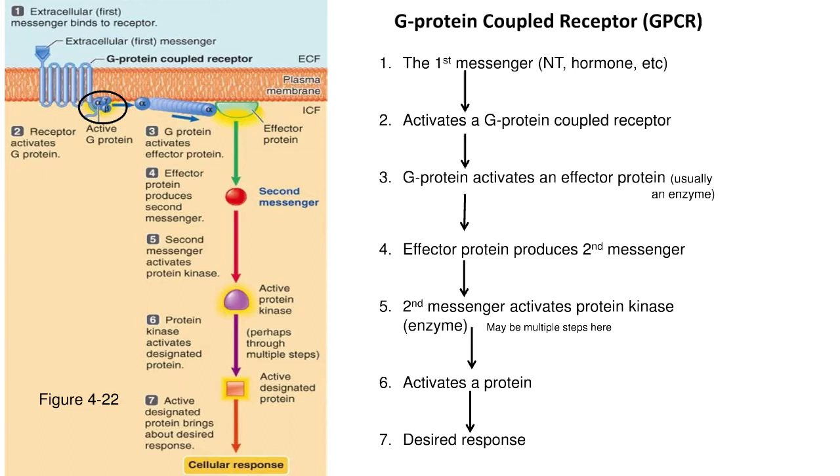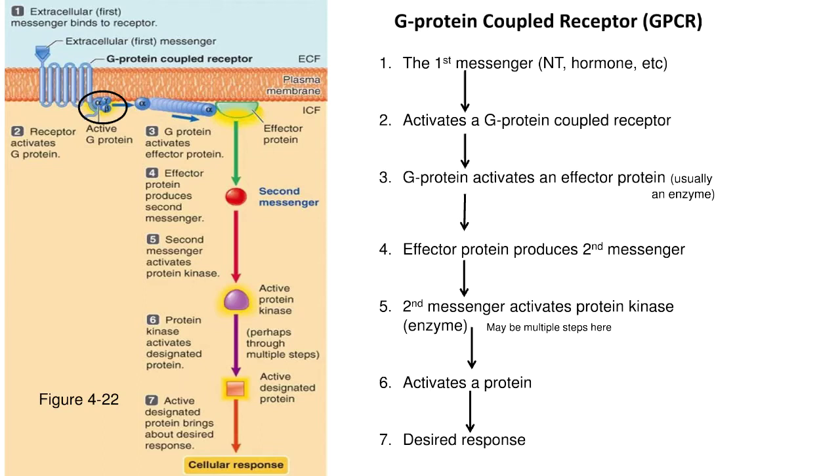Okay. Once the effector protein gets activated, it produces the second messenger. That's the intracellular messenger. The first messenger is the extracellular messenger, causing this complex to occur, this movement of the subunit from the G protein, causing that effector protein to produce the second messenger.